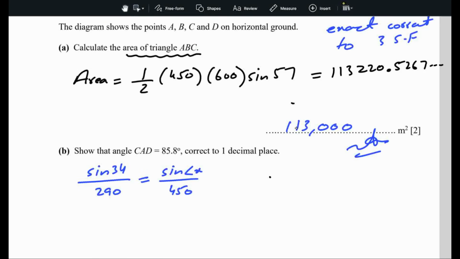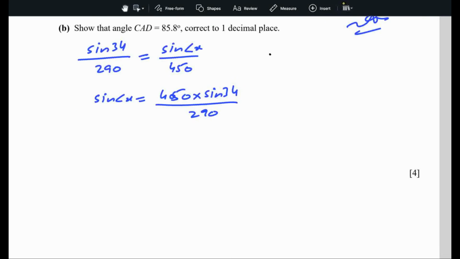If we rearrange it, sine of angle x is equal to 450 multiplied by sine of 34, whole divided by 290. So angle x will be equal to sine inverse of 450 multiplied by sine of 34, whole divided by 290.